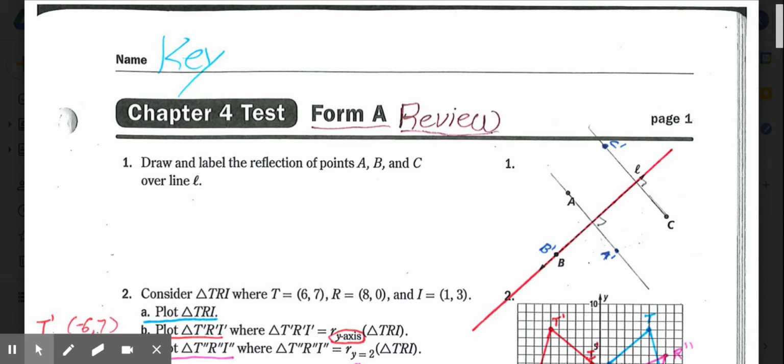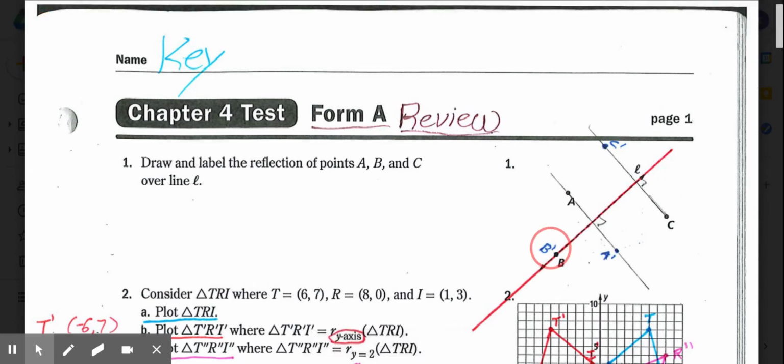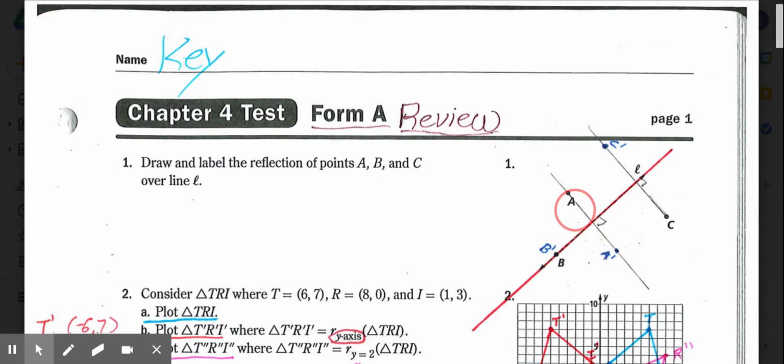If we look at number 1, draw and label the reflection of points A, B, and C over line L. B is on line L, so B prime would also be in the same spot. For A over line L, you want to draw a line segment perpendicular to L, measure how far A is from the line, and A prime would go on that opposite side.